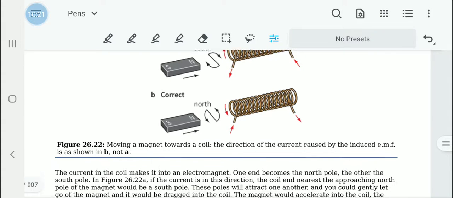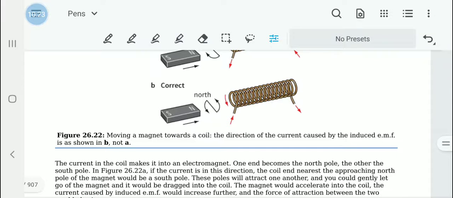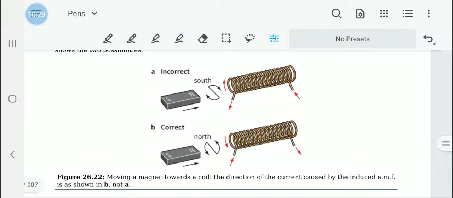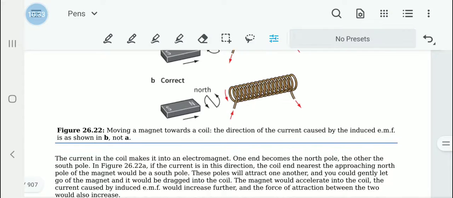So now in A, if the current is in the direction that is shown, then the nearest pole of the coil is going to be the south pole.